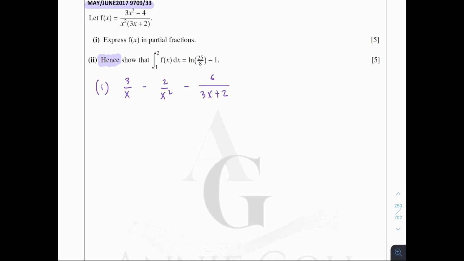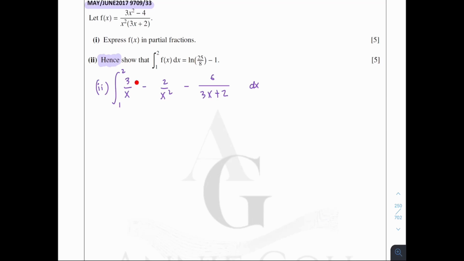So I'll just change this into part 2 and integrate the partial fraction from 1 to 2. Now let's start integrating the first term, 3 over x. You have to recognize this one as the type where you can integrate by using ln, because the x, when you bring up, is x power negative 1.